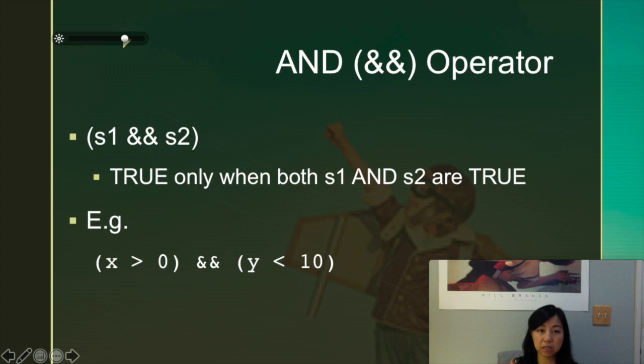Basically, if statement 1 and statement 2, to evaluate this to be true, both statement 1 and statement 2 have to be true. I think this is the easiest way to remember it. So true and true will become true. True and false, false and true, false and false will all become false.